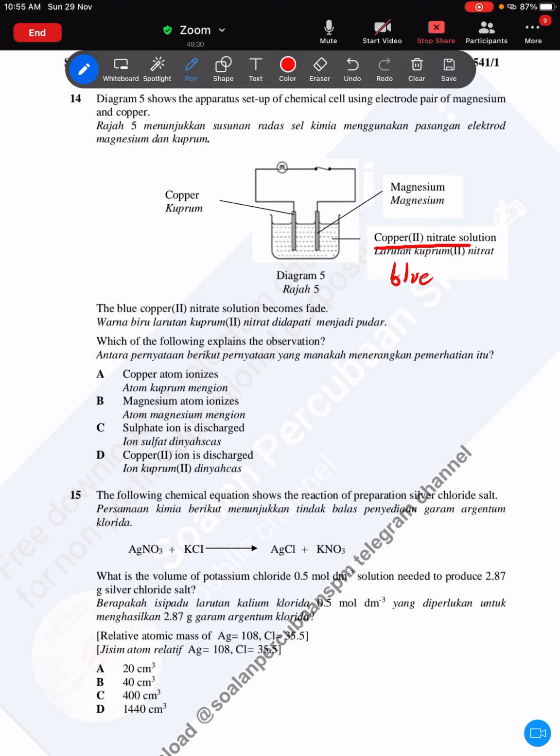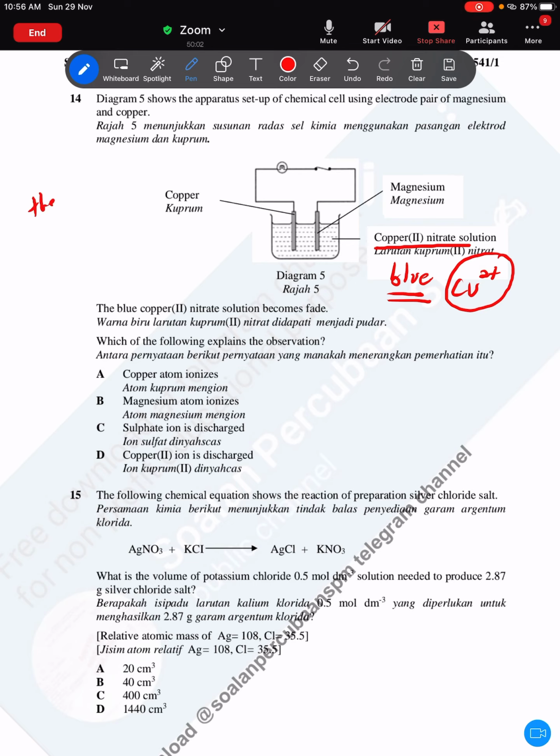When you do the electrolysis, you will notice the intensity of the blue color will decrease because the copper ion in the electrolyte has been discharged.